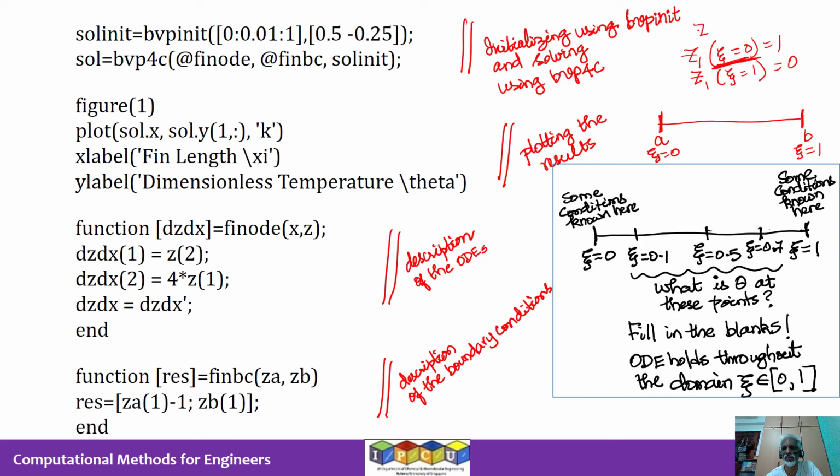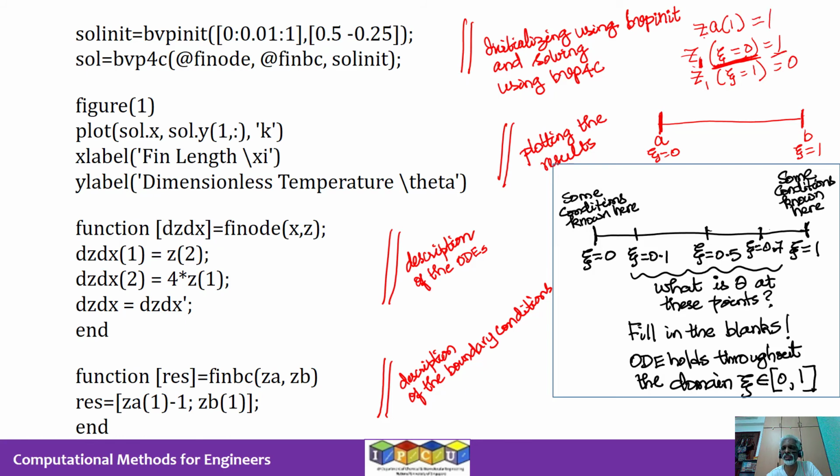It is written as ZA1. So psi equal to 0 is the left boundary, so it has got a label A. And we are talking about the first symbol, Z1. Therefore, this becomes ZA1 is equal to 1. This is what is given in the problem.